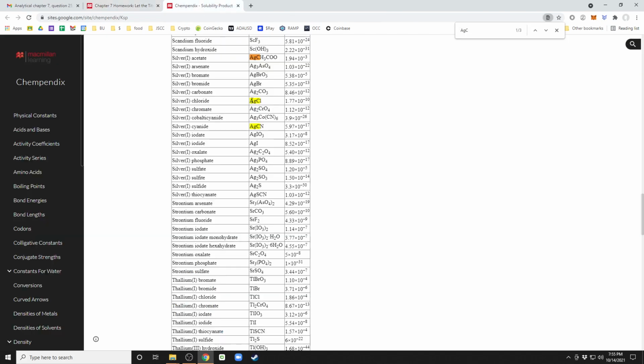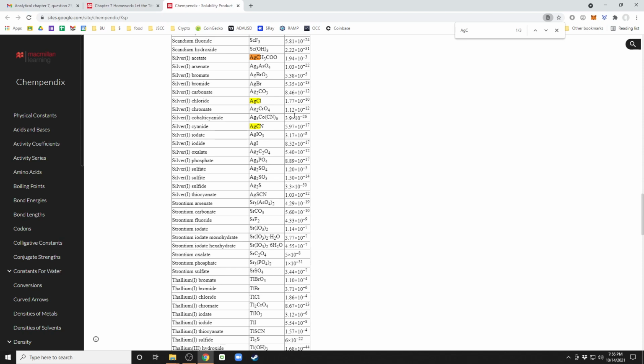Both of these are a 1-to-1 ratio between the cation and anion. If this had been one of these Ag2S right here or Ag3, you could not directly compare these KSP numbers to each other. You would actually need to go ahead and compare the equilibrium expressions to each other, if that makes a little bit more sense.